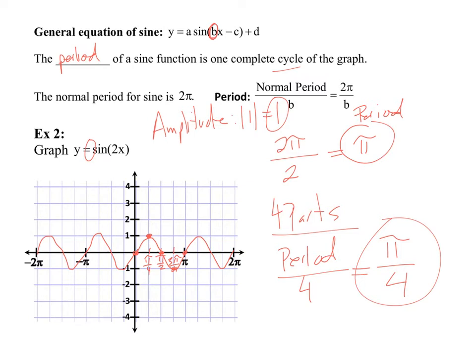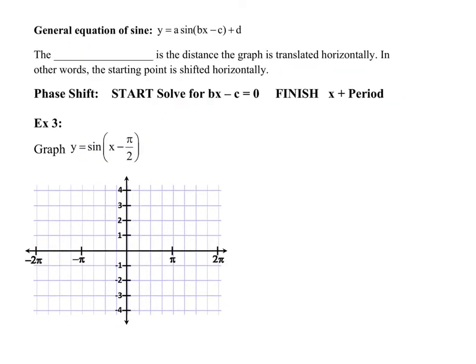So far we've covered what the amplitude does to the graph. We've covered what the period does to the graph and how to identify those components. Next idea is the phase shift. There's a little work involved with this piece. The phase shift is the distance the graph is translated horizontally, or shifted horizontally. So we're going to figure out our new starting point.